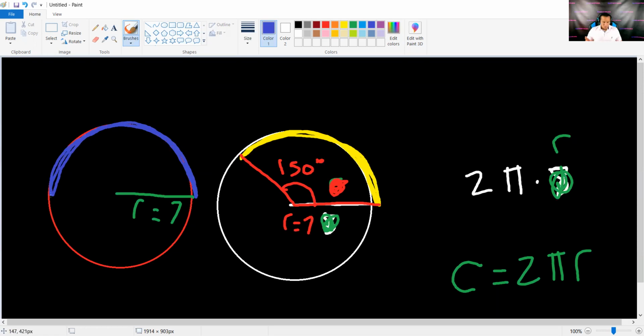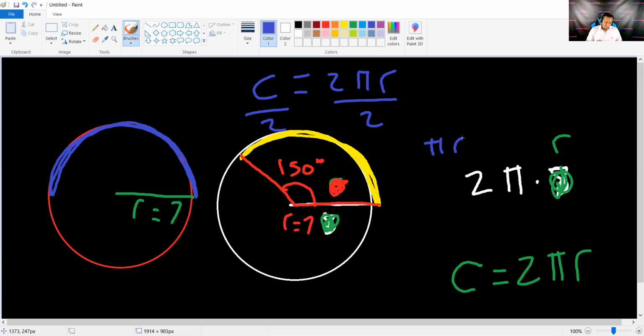Well, you know that you should just divide the circumference by 2 in order to get half the circumference. So in that case, you would just get C = 2 pi r, which we already found out was 14 pi, and you divide by 2. Well, that's just going to give you the answer. It's going to be pi r, or 7 pi.